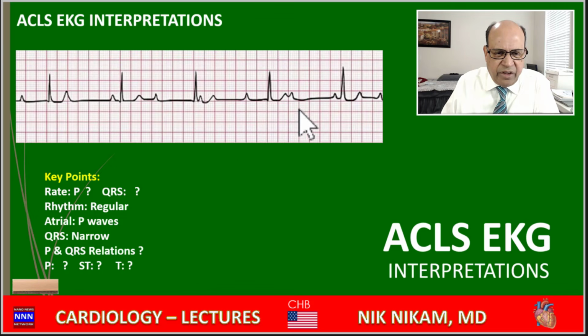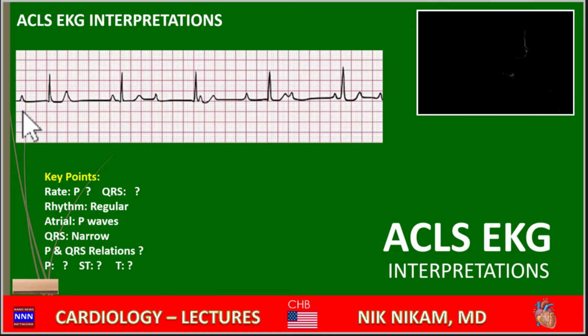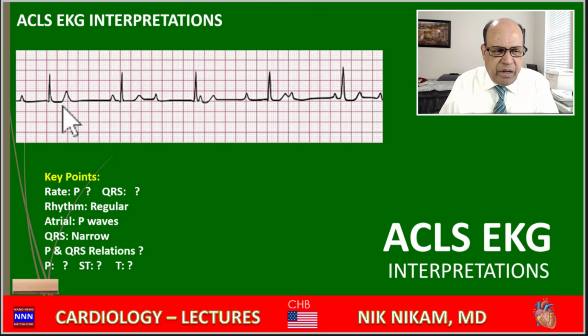We are not sure any one of these P waves is conducted. We have a narrow QRS ventricular rhythm which is more or less functioning independently of the PP cycle. However, this QRS morphology looks sort of weird. We are not sure if this P wave got through to activate the ventricle from above.